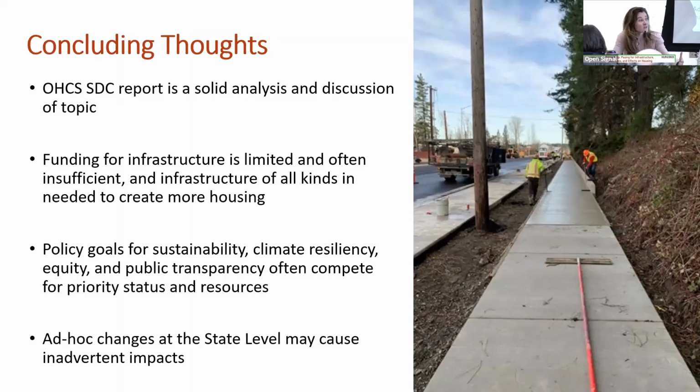What incentivizes the infrastructure for development of affordable housing is a conversation for brilliant folks to come together and look at what that could be, and the ways we can fill the holes that is creative and beyond system development charges.